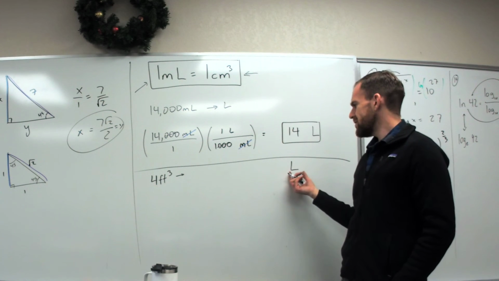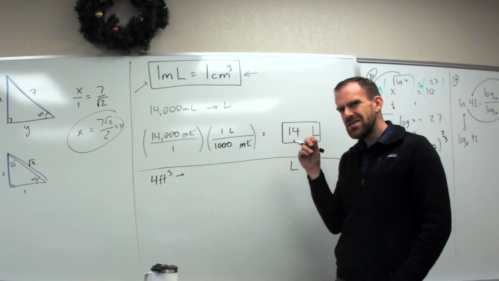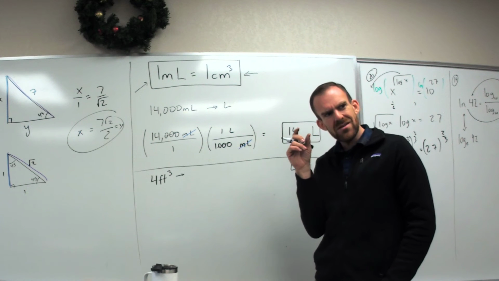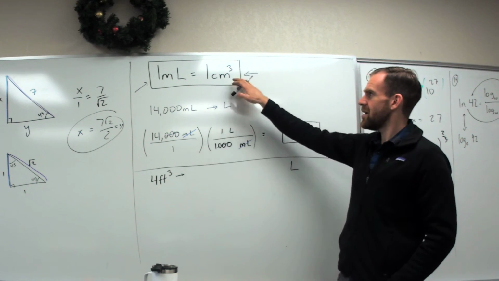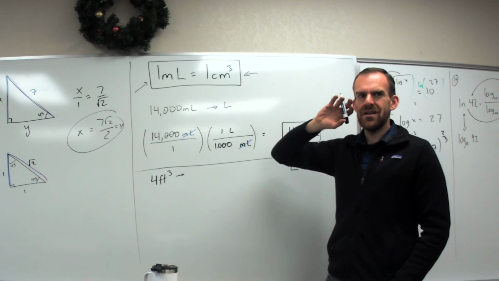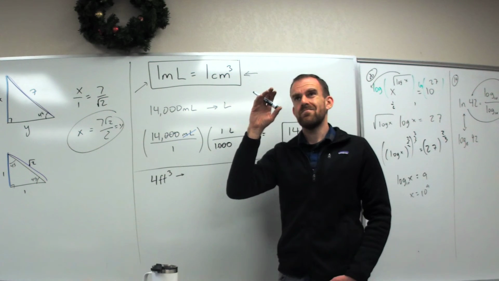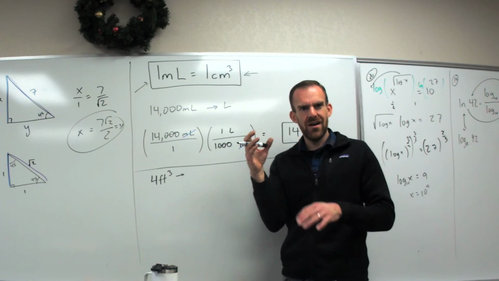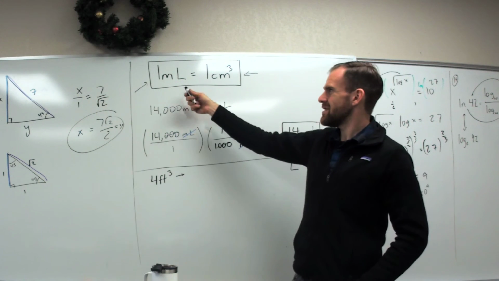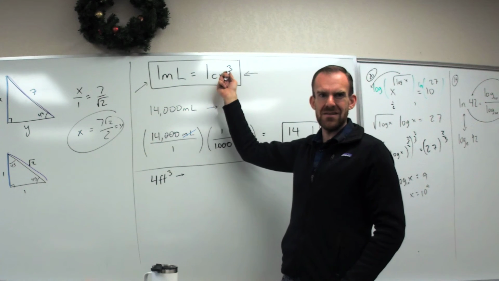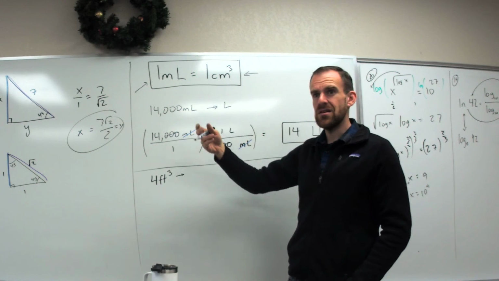What can I get from liters, right? I have to use that weird one that converts liters or milliliters to centimeters cubed, because I have to go between a liquid measure and a normal measure. This is something you measure liquids in, and this is something you measure everything else in.